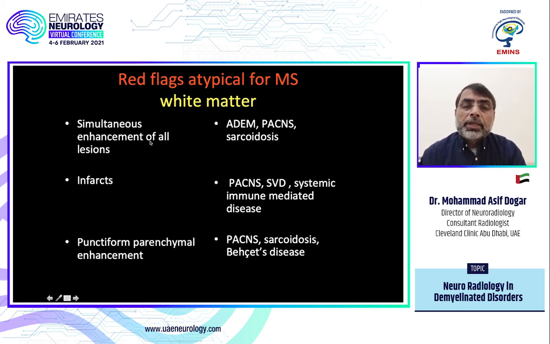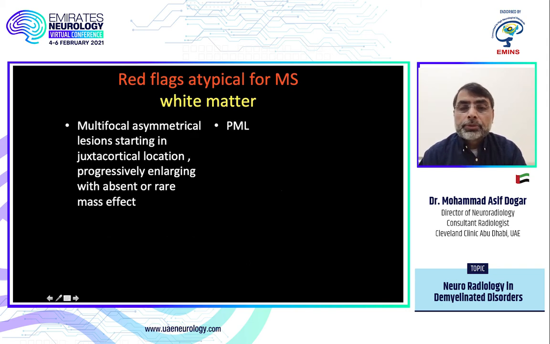If most of the lesions are enhancing, those are not usually MS. It could be ADEM, vasculitis, sarcoidosis. If you have multiple infarcts, again, it could be vasculitis, small vessel ischemic disease. And if you have punctiform enhancement, could be vasculitis, sarcoidosis, or Behçet disease.